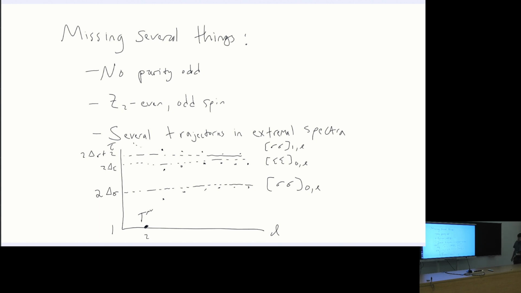Now, what you don't see are any trajectories involving the stress tensor. Okay, so there's no clear sign of double twist trajectories built out of 2 stress tensors, which would asymptote to twist 2.